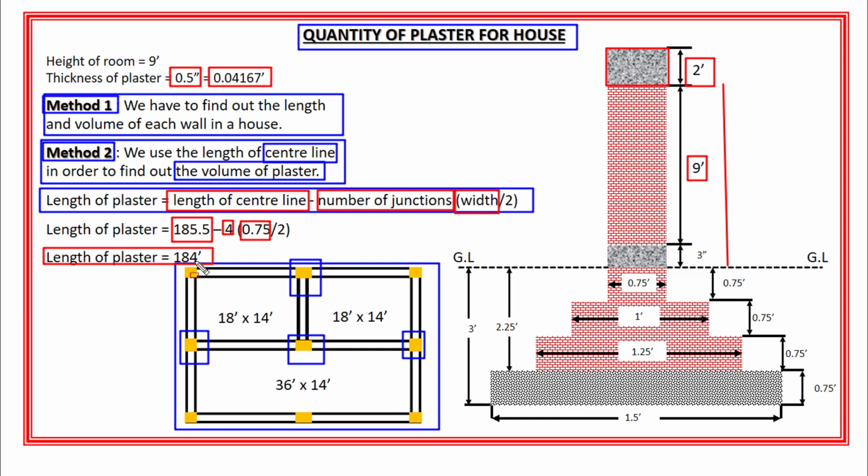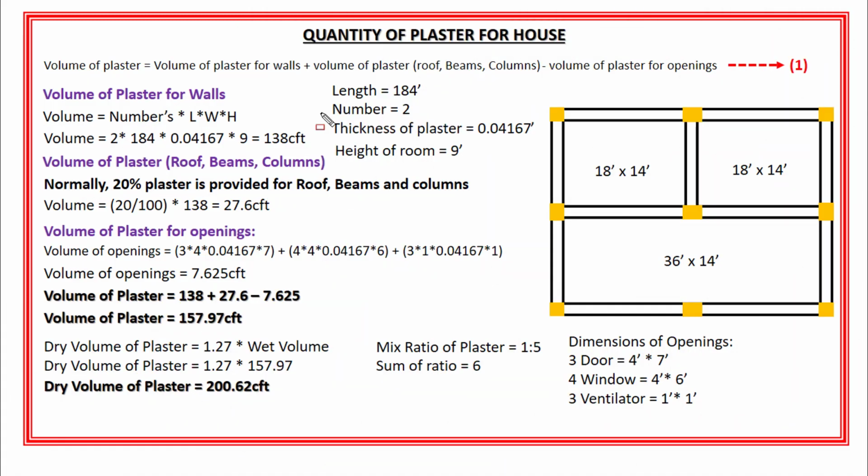Okay? Now I have the length of the center line above ground level, thickness of the plaster, and also the height of the room as well. So I will use these values in order to calculate the volume or quantity of plaster for this entire house. Okay? So for the volume or quantity calculation of plaster, I have created my own formula.